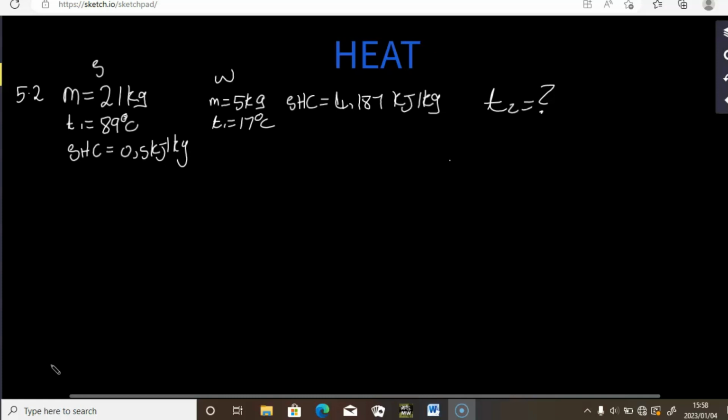Actually, the mass of water is given to us as 5 liters, but we know that 1 kg is equal to 1 liter. Therefore, this is also equal to 5 kg. That is why the mass is like that.